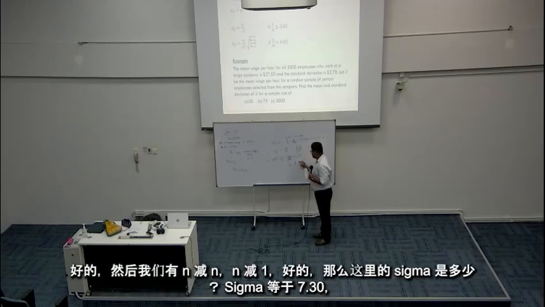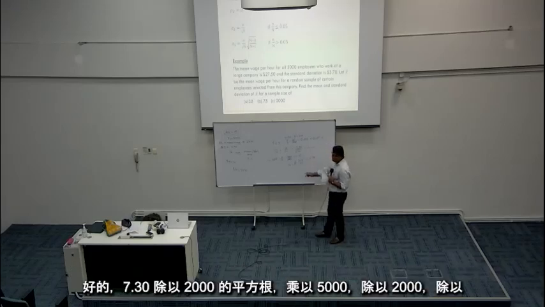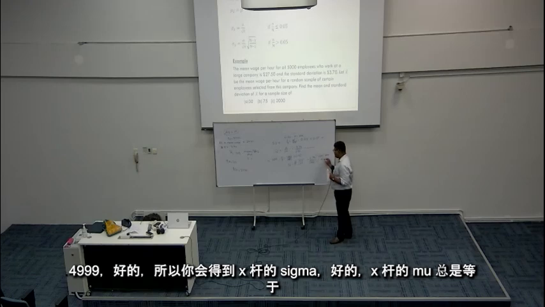And then we have the square root of N minus n over N minus 1. So what is the sigma here? Sigma is equal to 7.30. So 7.30 divided by the square root of 2,000, multiplied by the square root of 5,000 minus 2,000 divided by 4,999.